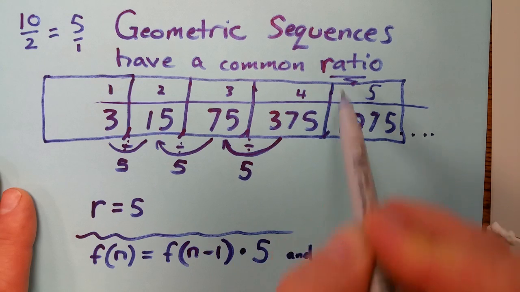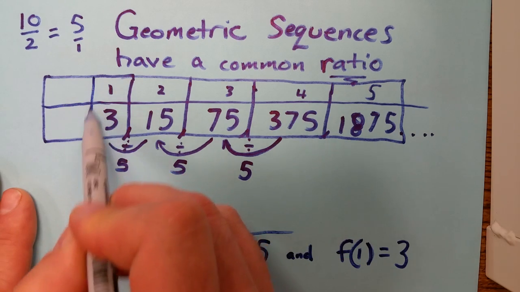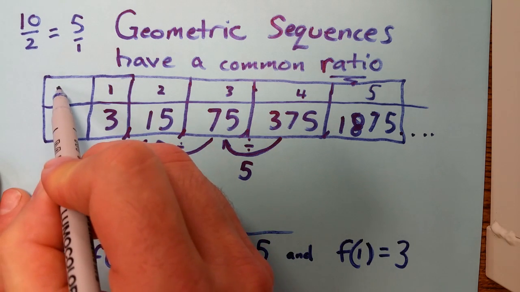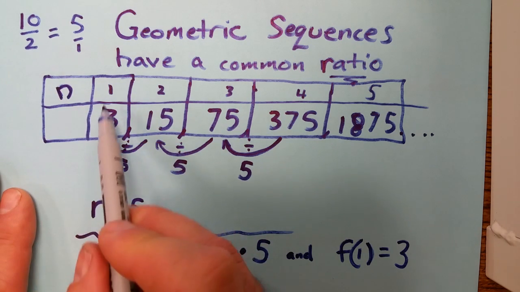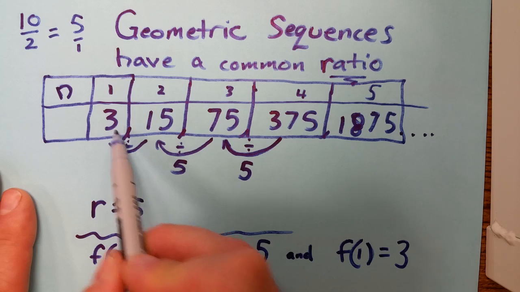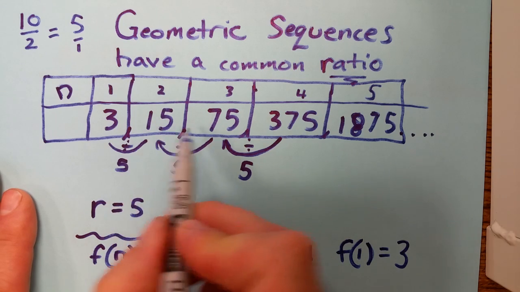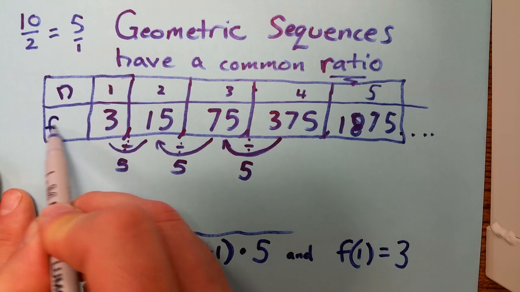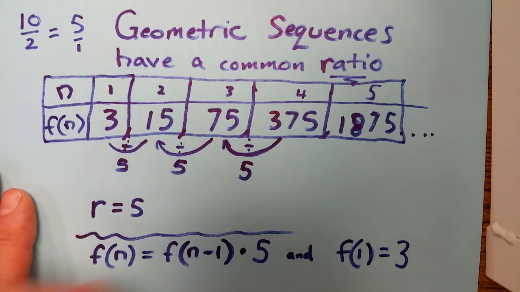So now it's a table, and what goes in here? This top row is the term numbers, or n. They're the inputs. Put in 1, get out 3. Put in 2, get out 15. So these are the function values, or the outputs, f of n.